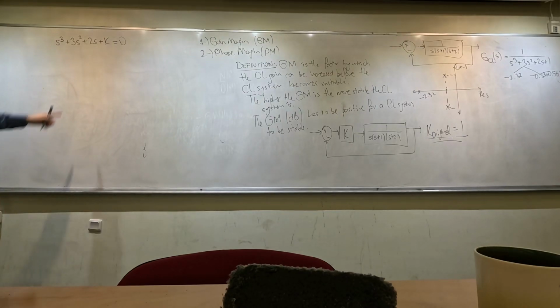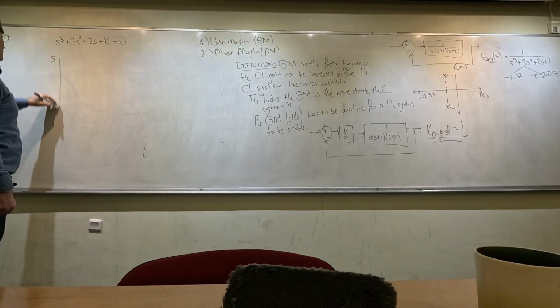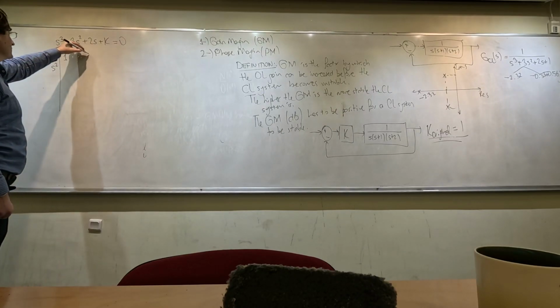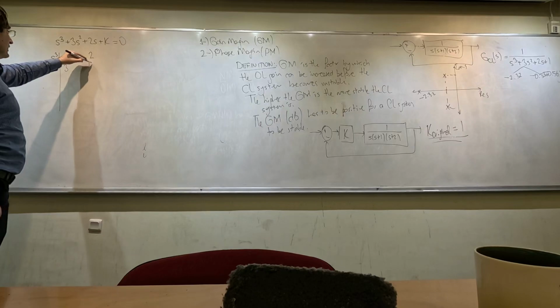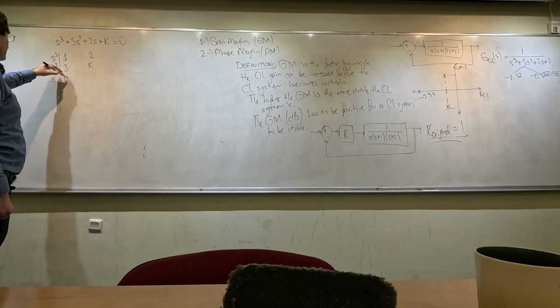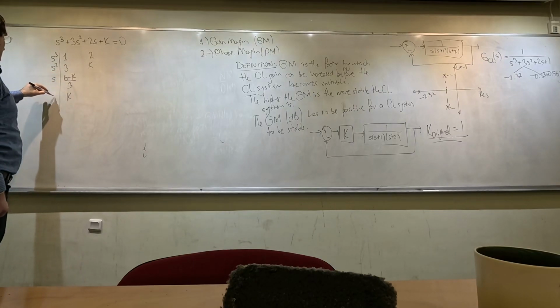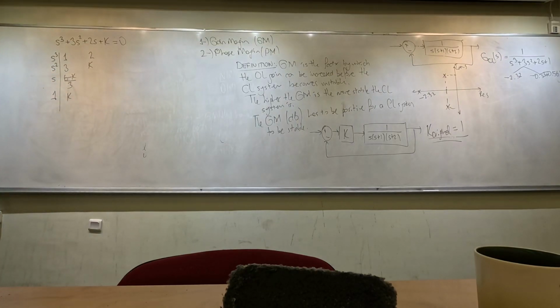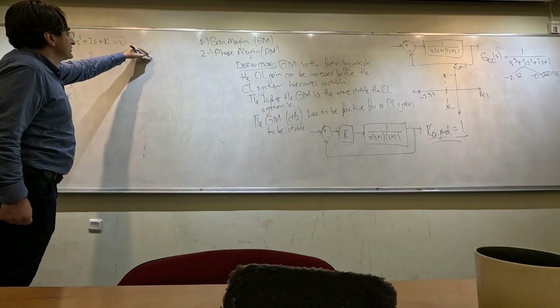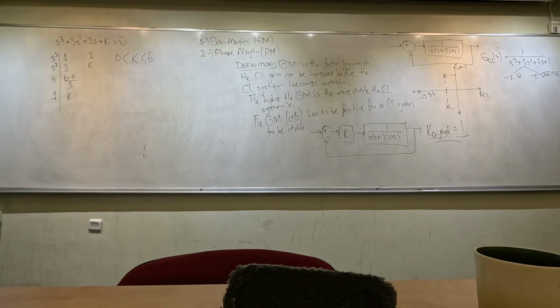When I apply, for example, the Routh stability criterion, for s cubed, s squared, I have 1, 2 here, 3, and k. So I have s, and I have (6 minus k) divided by 3, and I have k here. So we see that k should be between 0 and 6 for stability.